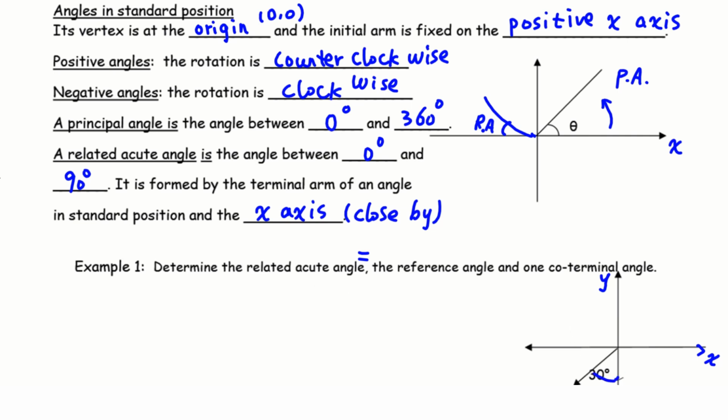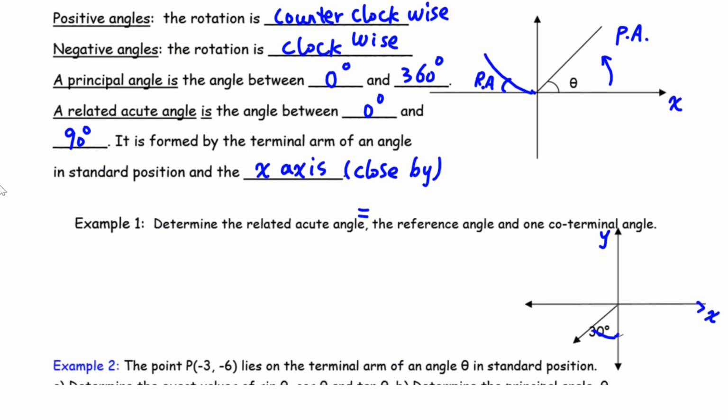The related acute angle is formed by this terminal arm with the close-by x-axis. This will give you the angle that is less than 90 degrees. So from here, this is 90 degrees minus 30, and you will have 60 degrees as the related acute angle.